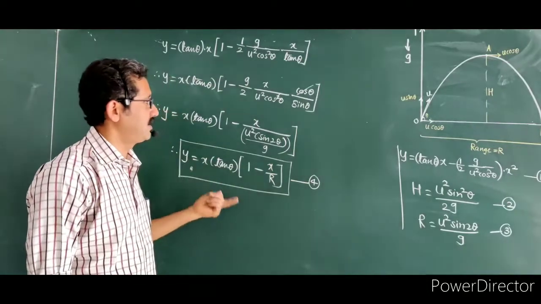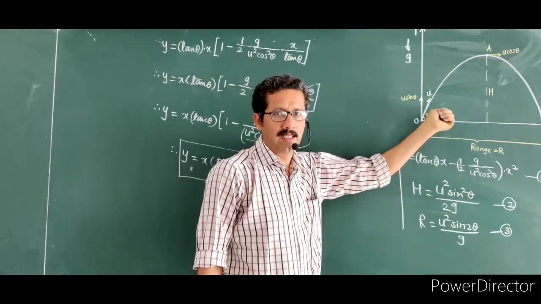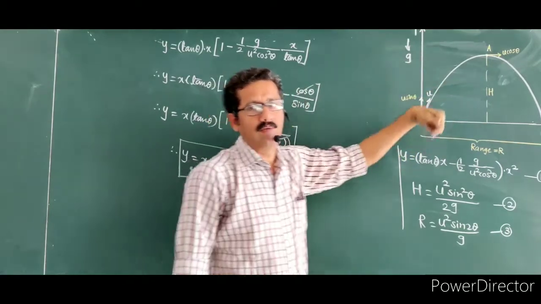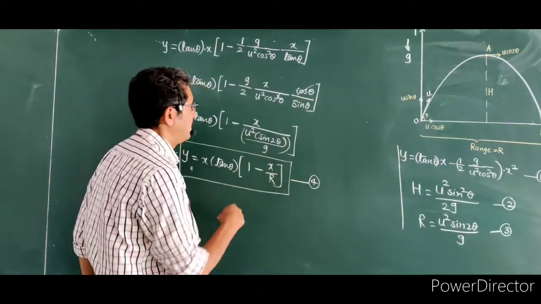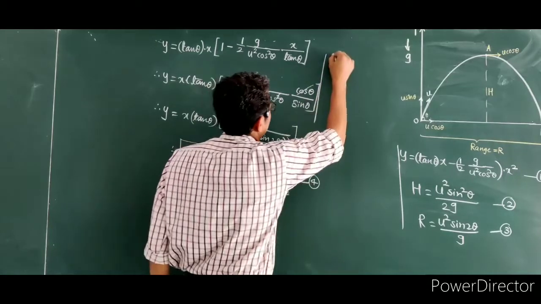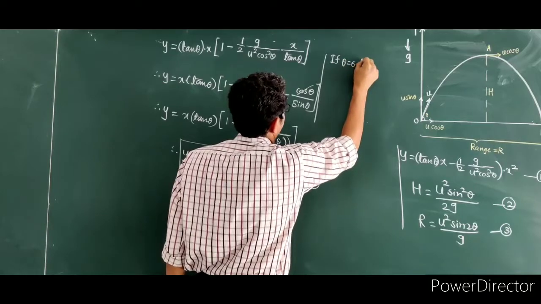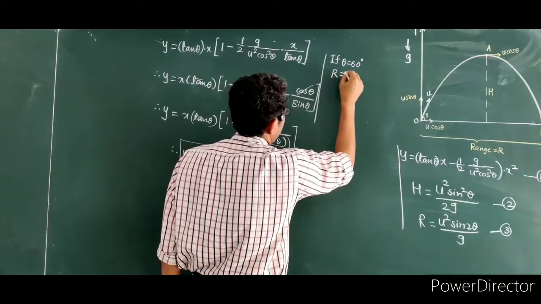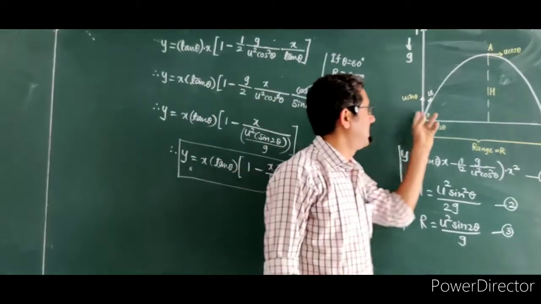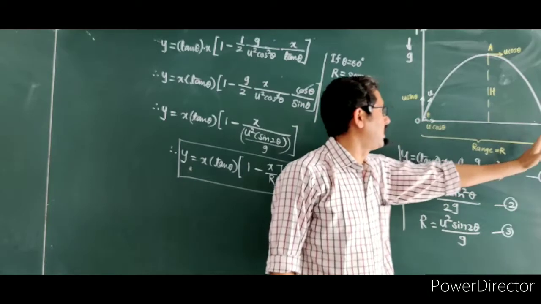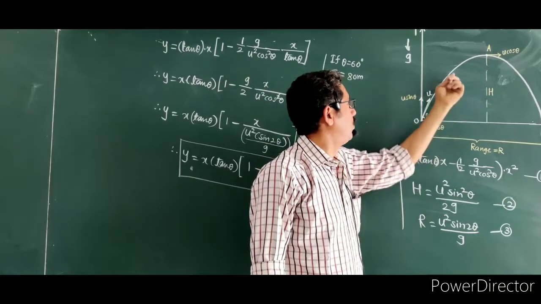Supposing it is told that a projectile was thrown initially, let me say at 60 degree, and it is going to cover the range of 80 meter. So if theta is equal to 60 degree and the range of projectile is equal to, let us say, 80 meter, thrown at 60 degree, it will reach up to 80 meter here, and I want to find at x is equal to 20 meter, what is the value of y?